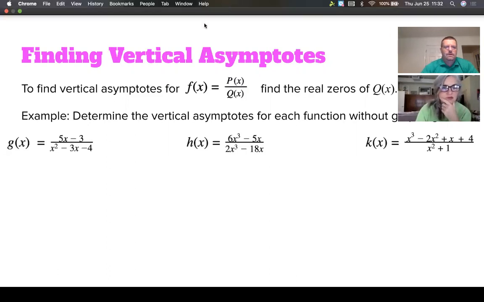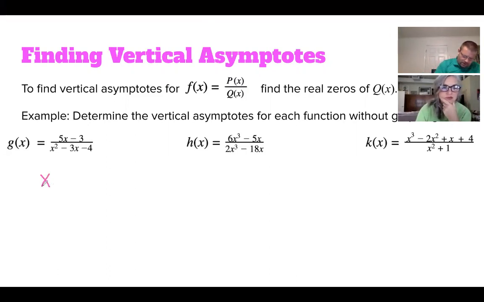And just do it. So it's going to be x minus 4 and x plus 1. Is that what you said? Yep. Right. So what are the problem children there? This is going to give me x cannot equal 4.